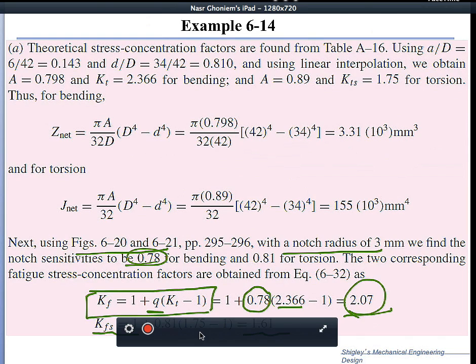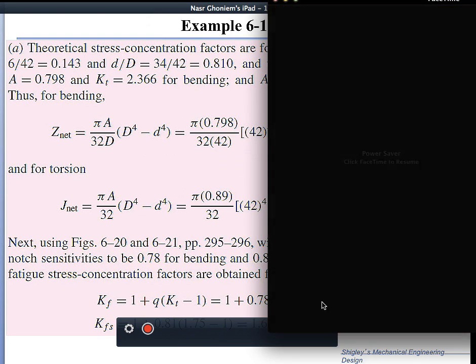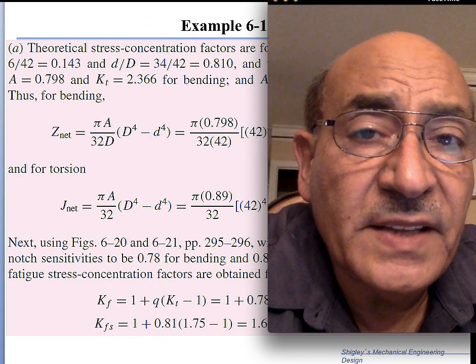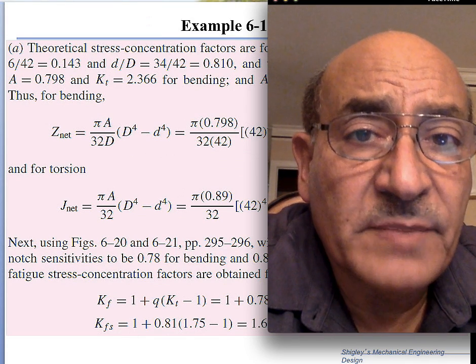All right, so now we have the stress concentration factors. We need to compute stresses. When we compute the stress for bending, I need to find the second moment of area, and I divide it by c.